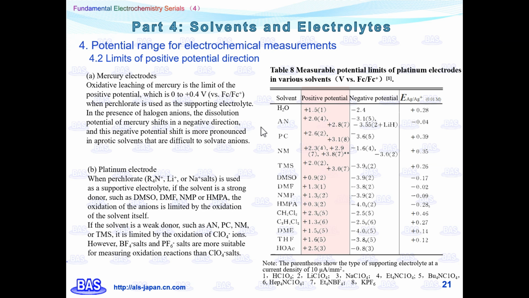As can be seen from the red background in Table 8, for platinum electrodes, if perchlorate is used as a supporting electrolyte, the oxidation of the solvent itself becomes the limit in the positive potential direction in strong donor solvents like DMSO, DMF, etc., and it is limited by the oxidation potential of the perchlorate ion if the solvent is a weak donor solvent, such as acetonitrile.